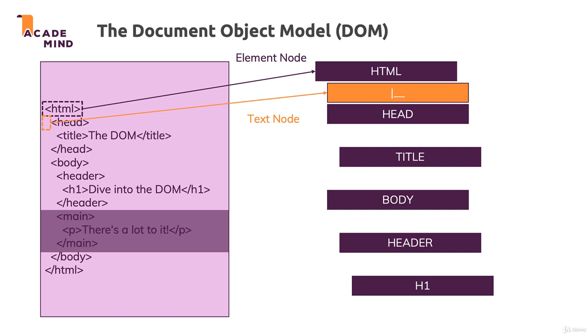So this here in the end is a line break, which I try to reflect here with this pipe symbol on the right. And then we have two white spaces here with the two underscores on the right side in that text node. Now, typically, you don't see that on the screen because due to the way styling works and so on, most white space is actually not rendered, but it is part of that DOM tree, of that node tree in the end here. So it's part of the DOM.